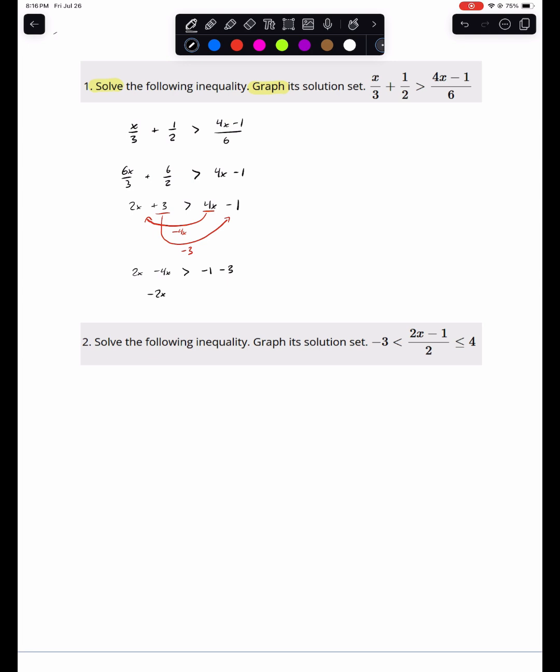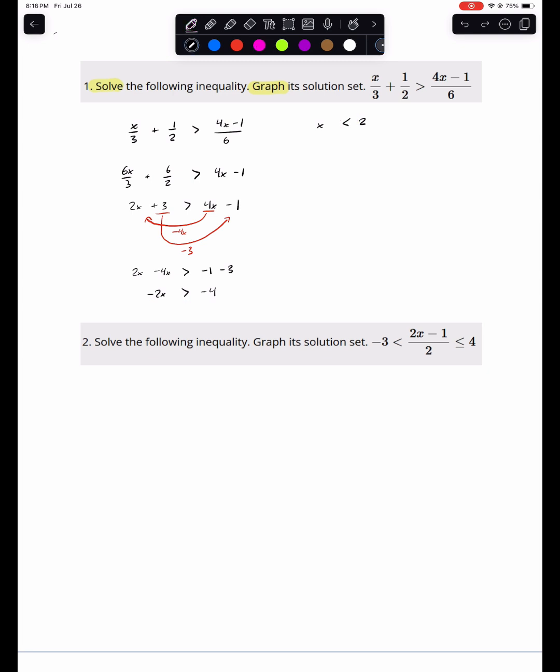We have 2x greater than negative 4. And when we divide both sides by negative 2, we get x less than 2. So remember, when we divide by a negative, the sign flips. We went from greater than into less than.